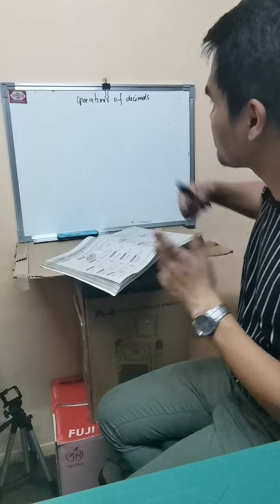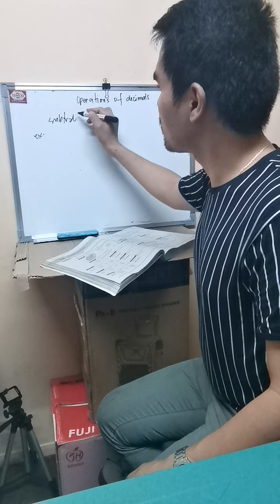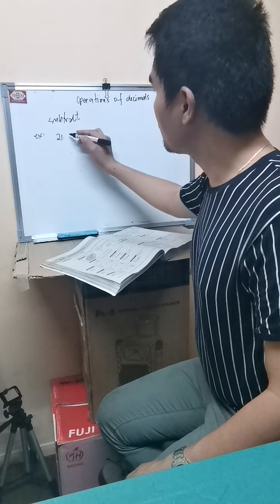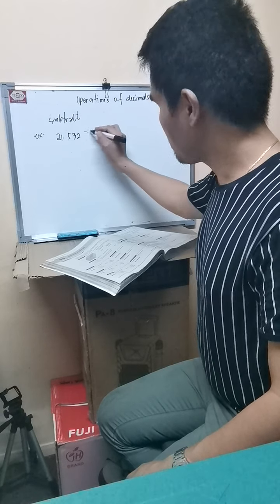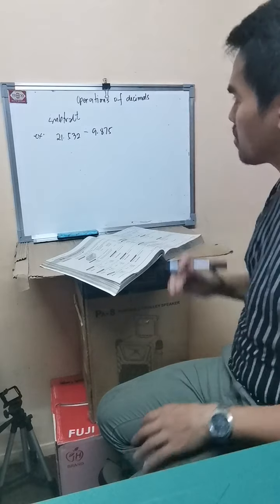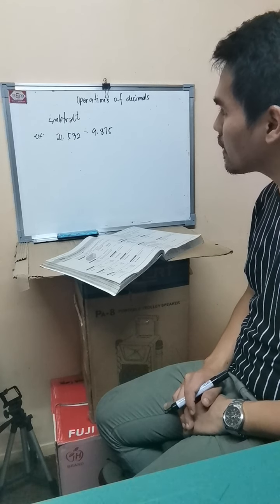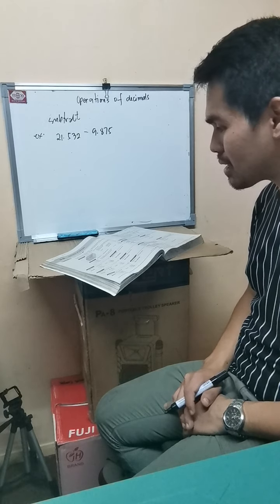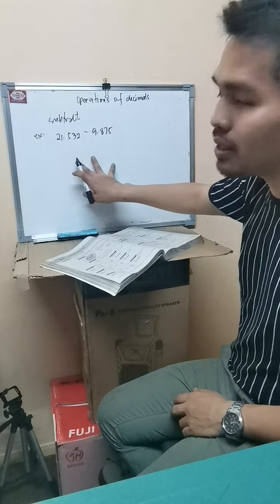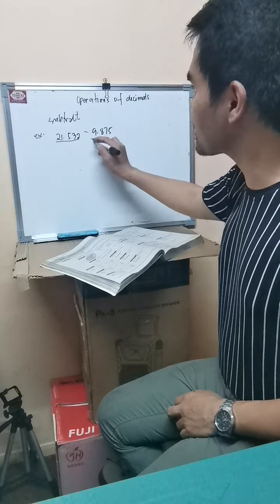For example, we are to subtract 21.532 minus 9.875. So first, we will arrange our given, identifying the minuend and the subtrahend. In this case, this is our minuend and this is our subtrahend.